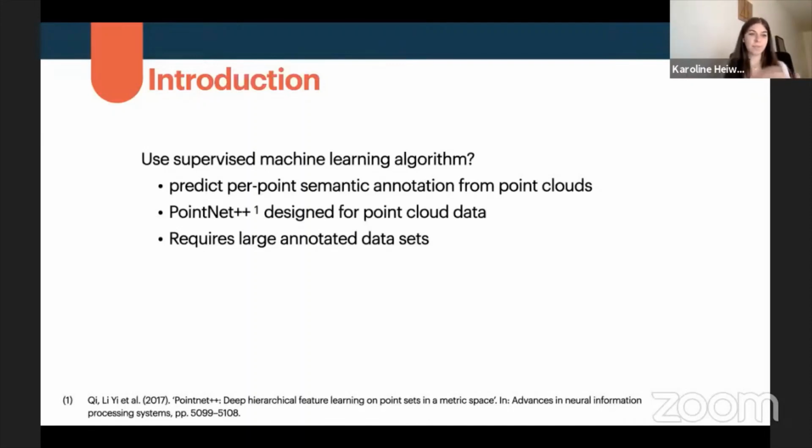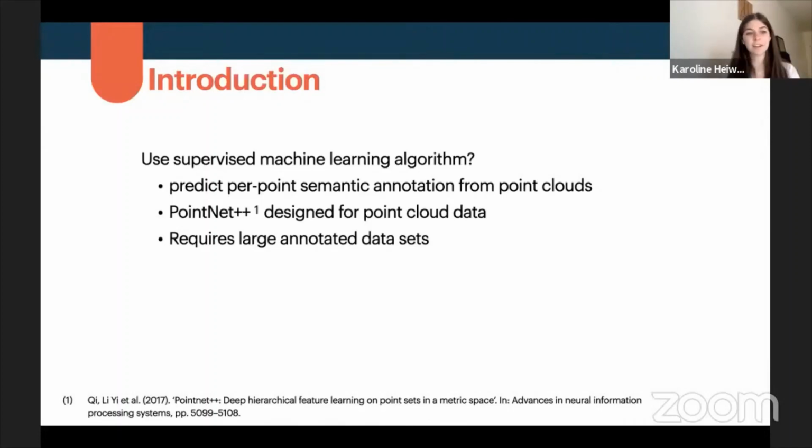And then repeatedly moves on to consider larger but sparser regions in the point cloud. Those are called abstraction levels. And then later on, through a series of interpolation steps, it aggregates the features extracted at the different scales back into a single feature vector, which could then be used for segmentation.